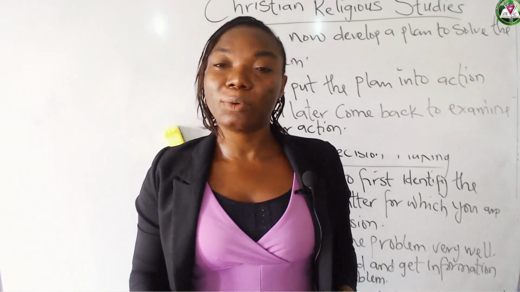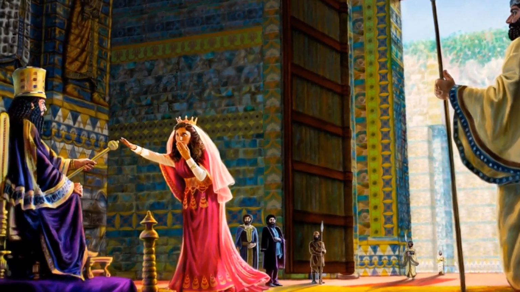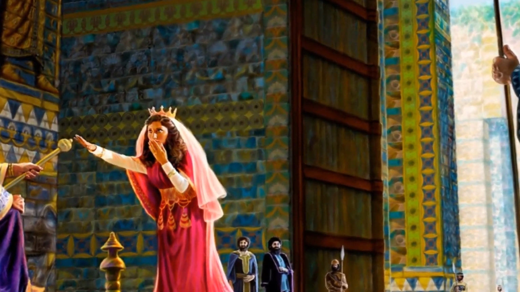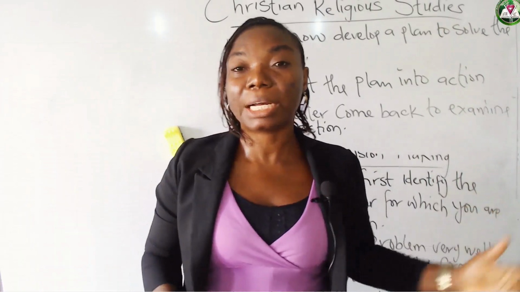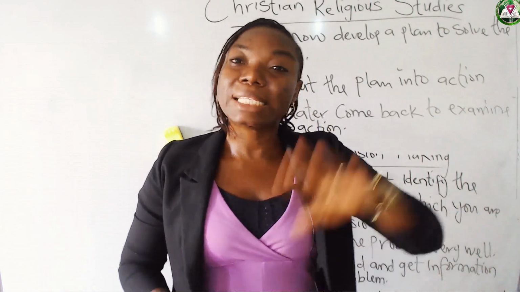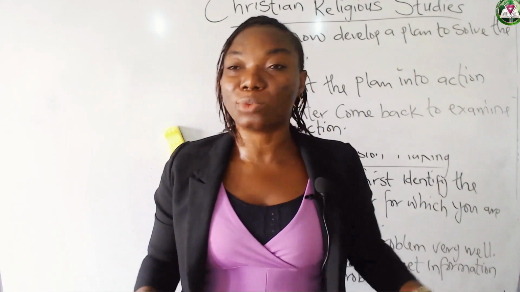Another person is Queen Esther. You know, Queen Esther had all the opportunities. She was a queen. She had all the opportunity to say, the children of Israel, my people, if they want to perish, they can perish. But she decided she wanted to single-handedly save the whole nation. It wasn't in their custom to see the king at will.